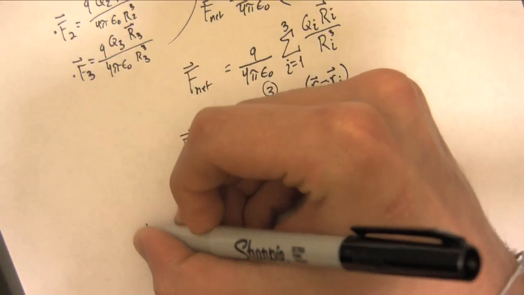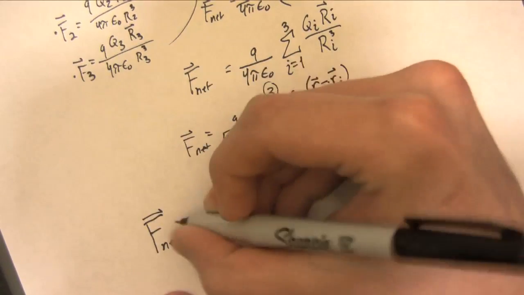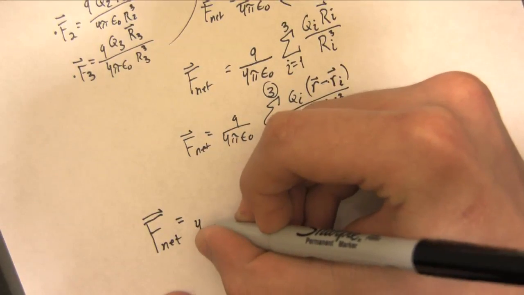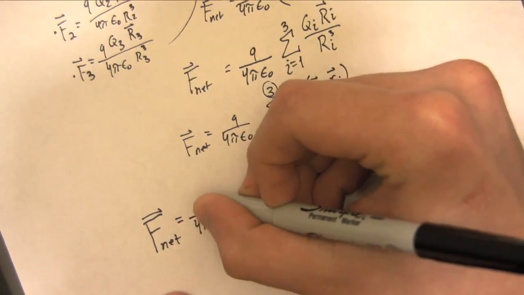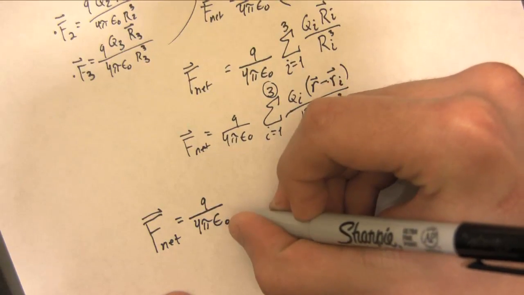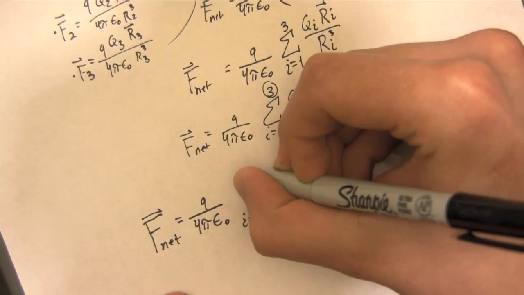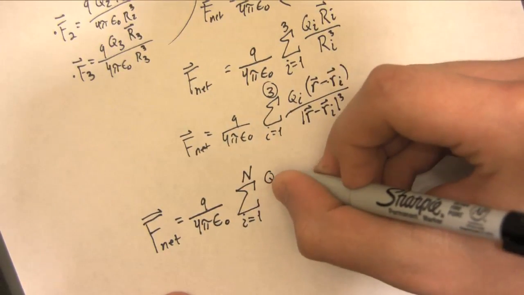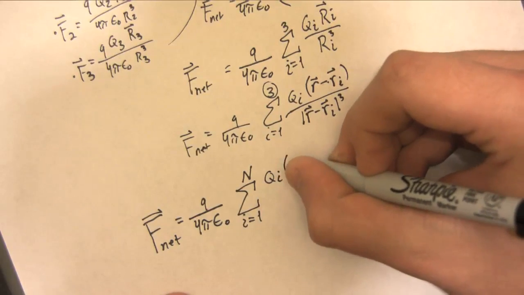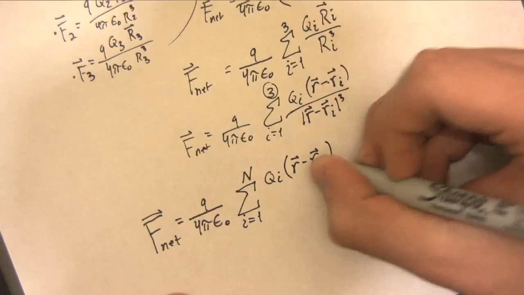So if I wanted to consider any n number of charges in a system, and how they're affecting one particular Q, I could just rewrite this. It's Q over 4 pi epsilon naught, sum from i equals 1 to any n number of charges you want to consider, of Qi, R, Ri.